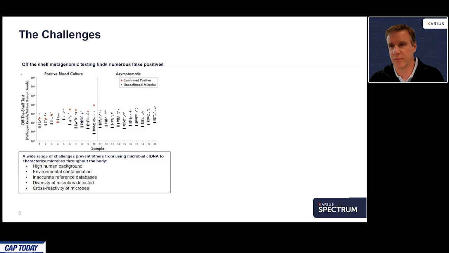And then, of course, there's all the compute challenges associated with accuracy of the reference databases, the diversity of microbes that are detected, which range in GC content from 20% to 70%, and often have biases in efficiency for recovering those different GC contents, as well as the fact that we're never studying a microbe in isolation when you're surveying the body.